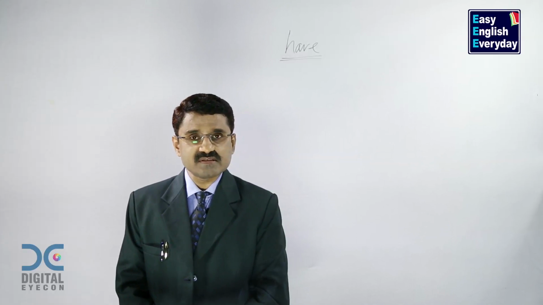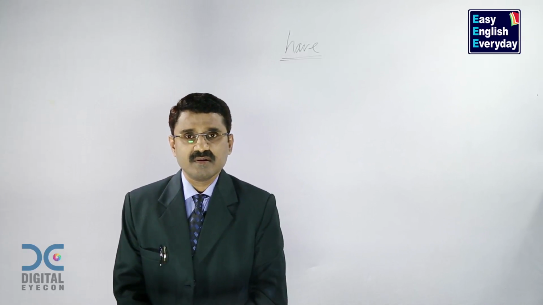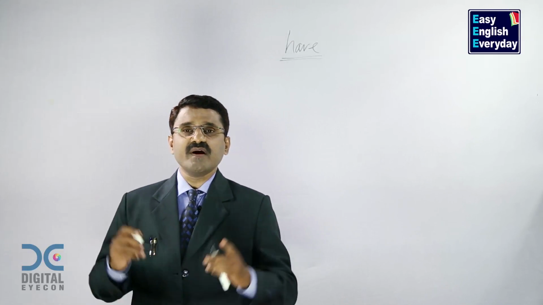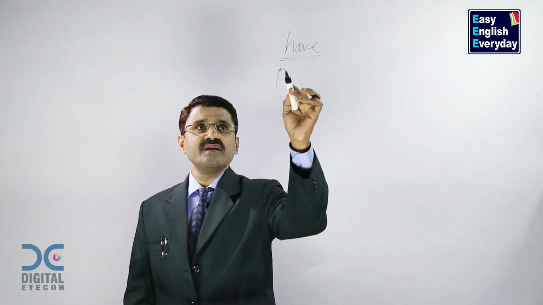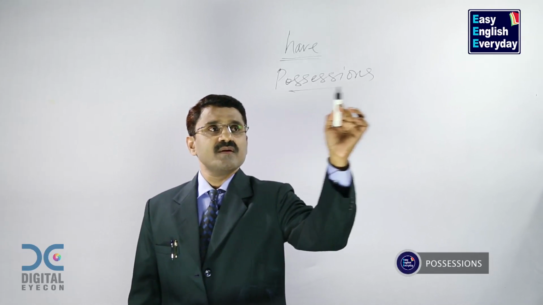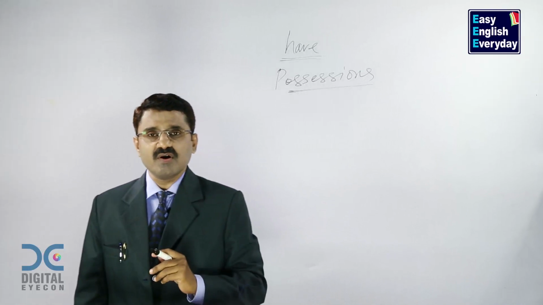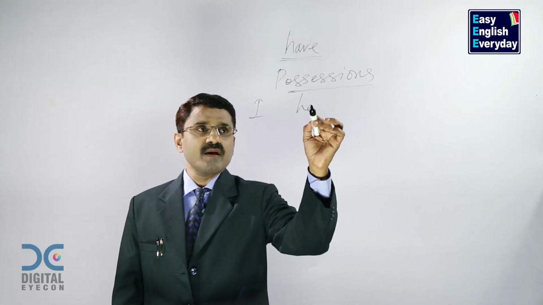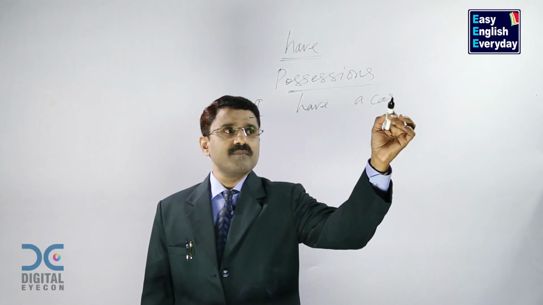What do all these examples indicate? Any similarity in all these examples? What similarity do you find in all these sentences? All these sentences indicate possessions. They are the possessions of a person. Look at the sentence. I have a car.